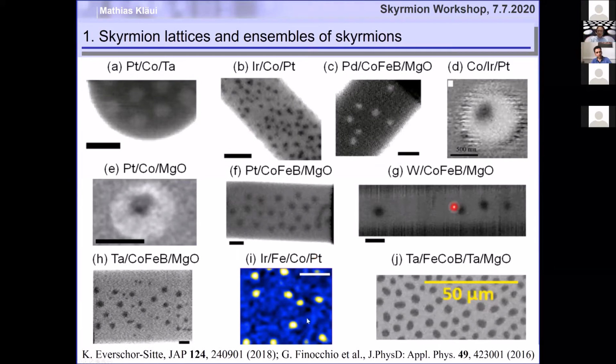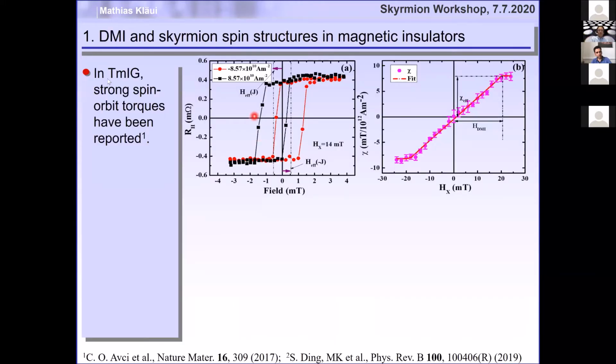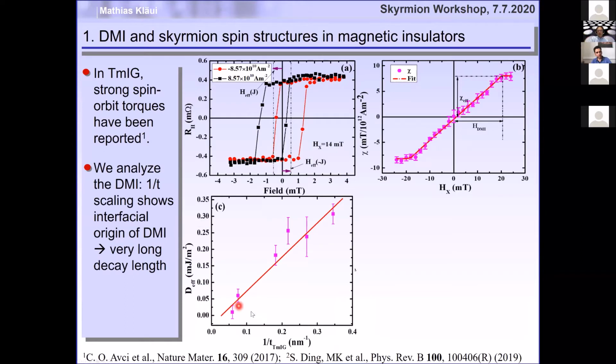By and large, what we have seen today and what I've discussed up to now has been metal systems, very varying metal systems, but you can also get these Skyrmions in insulator systems, such as thulium iron garnet in contact with platinum. This was first developed here in the group by Jeff Beach, and then we recently measured the DMI in this system, showing that the DMI can actually be measured up to relatively large thicknesses of 50 nanometers or so.